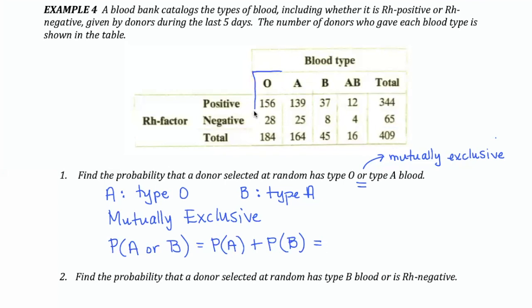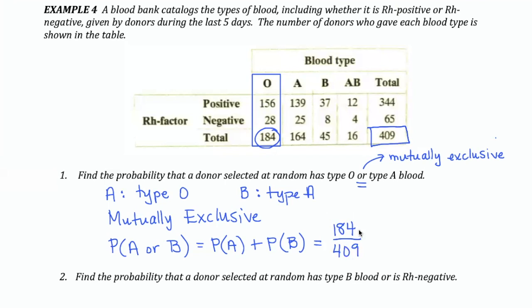So I'm going to go right here to this chart. How many type O people donated? I want the grand total of people, so that would be 184 people were type O. Out of how many donors total, you can find that number here in the total, which was 409.